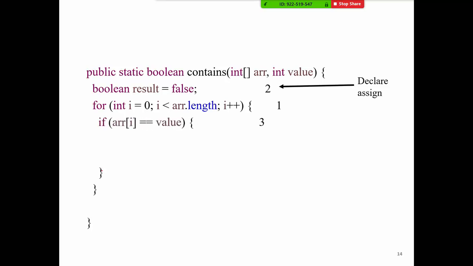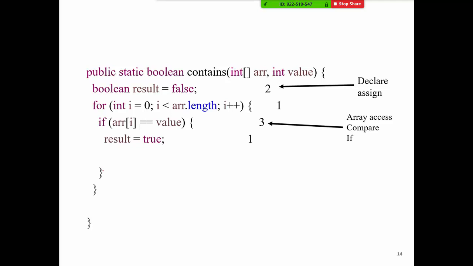Now, the next line is the if statement. In this if statement, we have 3 elementary instructions. How do we come up with the 3 elementary instructions? We access the array, we read from element i, we compare with equal equal, and also we have the if statement. So these are the 3 elementary instructions.